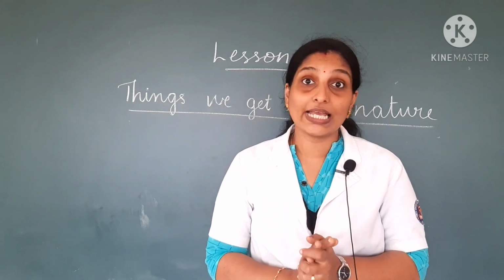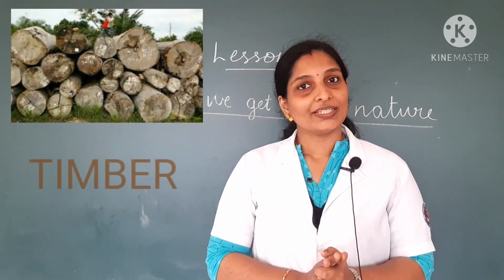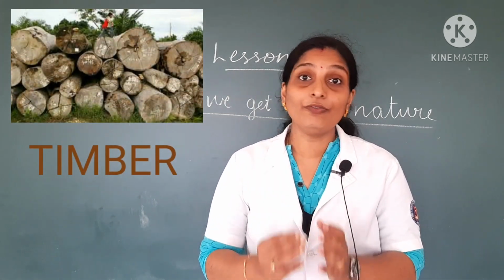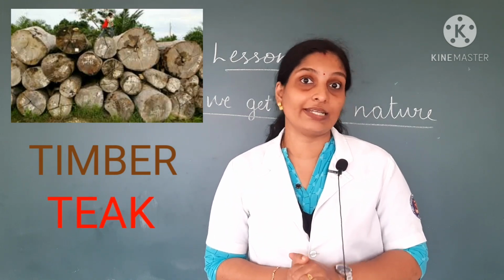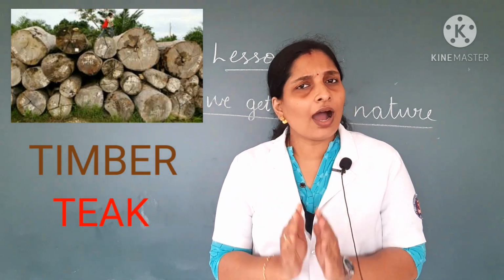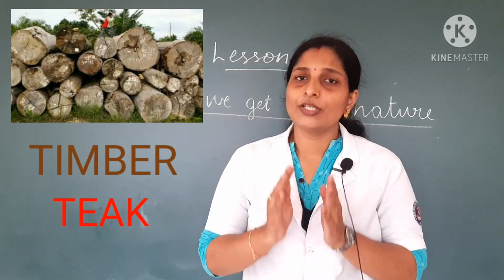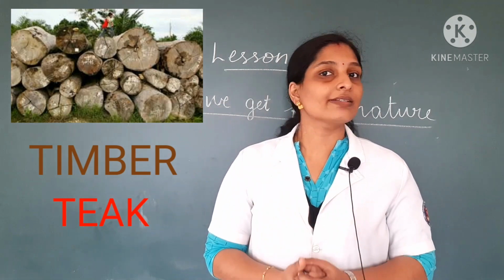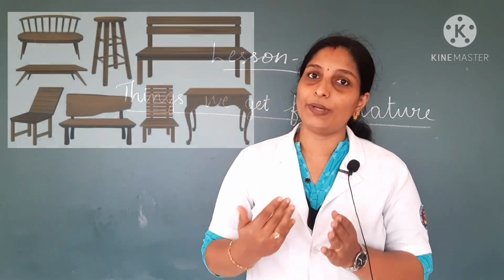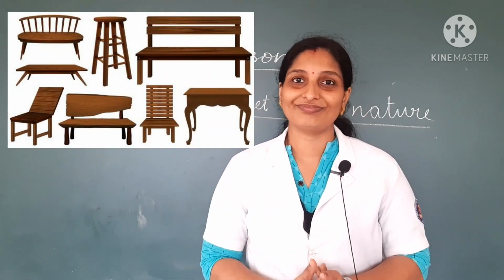It is known as timber. So we get timber from plants like teak. It is very hard and strong. These timbers are used to make furniture like tables, chairs, benches, desks, etc.